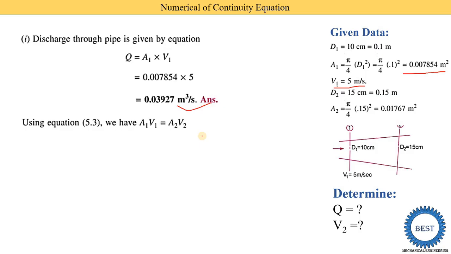Now by using the continuity equation we need to find out V2. Here A1 is given, V1 is given, and A2 is also given. So what is the equation of V2? Equation of V2 is equal to A1 V1 divided by A2. This A2 is shifted here to the right side.